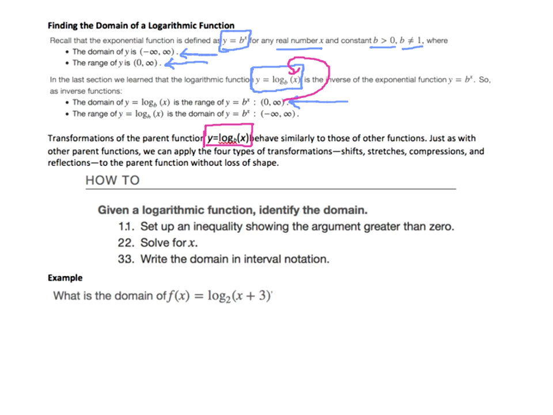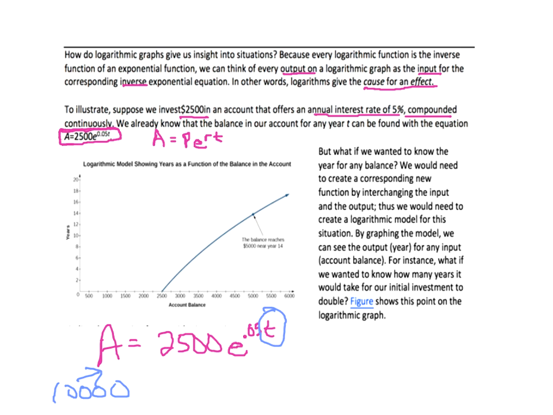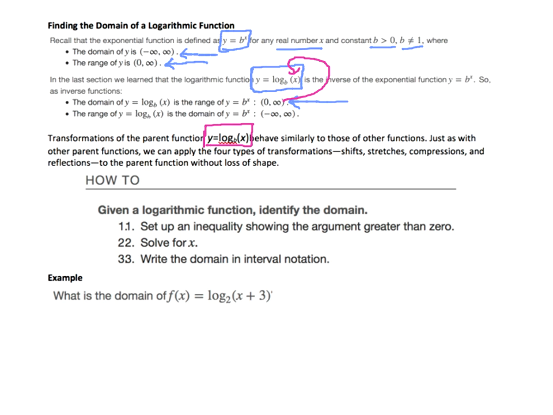Well, since the logarithmic function is the inverse of the exponential, now we have to worry about left and right shift of these functions. So if we go here, we can see a piece of a logarithmic function there, and our asymptotes for logarithmic functions are vertical.